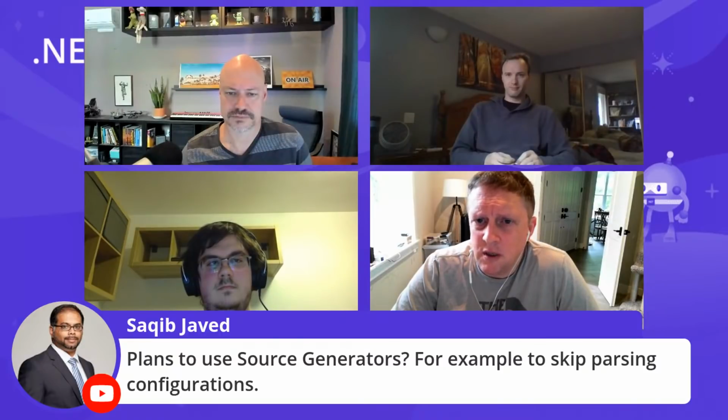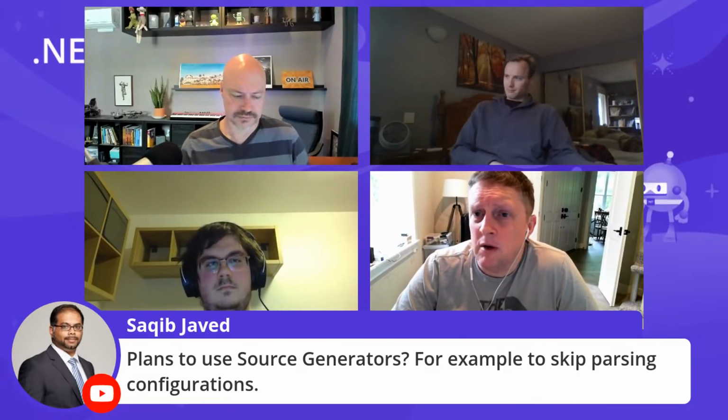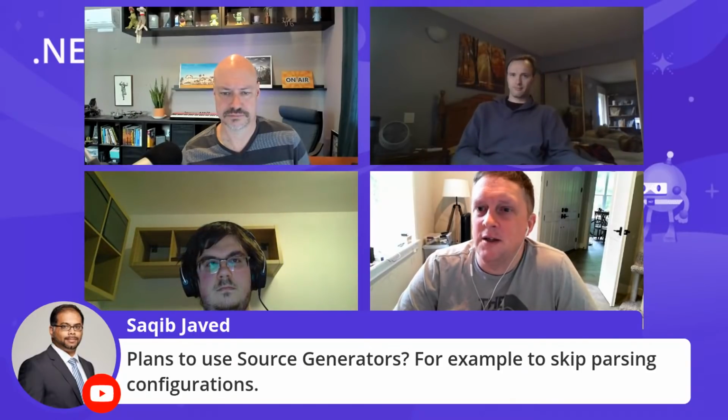I would probably lean against that, because if you use source generators, that means you need to rebuild the proxy, rebuild the code for it. The advantage of config is you can create a container or whatever with YARP and just update the configuration file, and you can do that while YARP is actually running and requests are in flight.